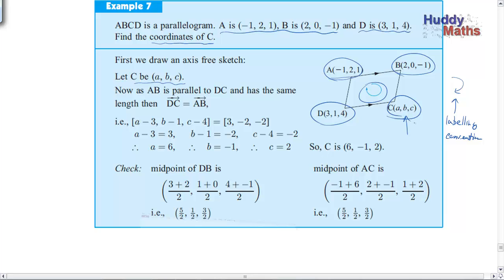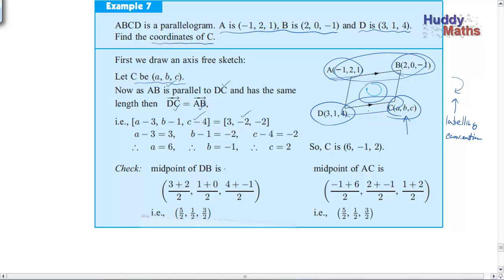You can do some stuff because you know that it's a parallelogram, and so AB is parallel to DC, going the same way. Make sure you go A to B and D to C, so here we've got DC equals AB in the same direction. Make sure it's in the same direction because we're using vectors, and that's important. Direction and also size. So get an expression for AB.